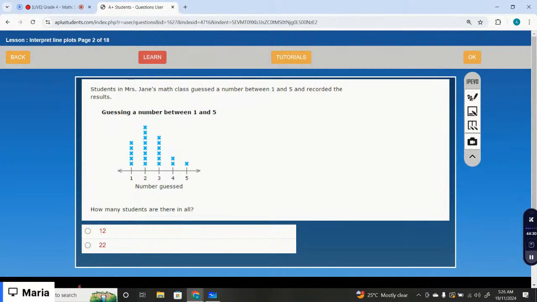The correct option is 22. Option number 2 is the correct option. There are 22 students in all.